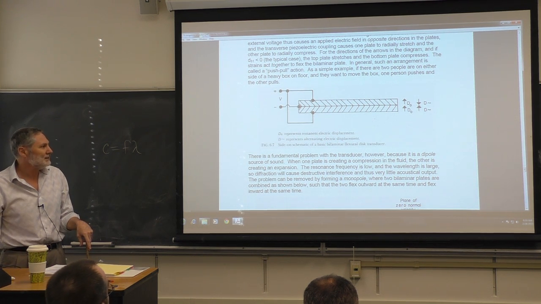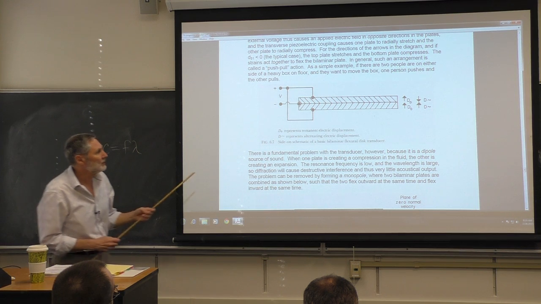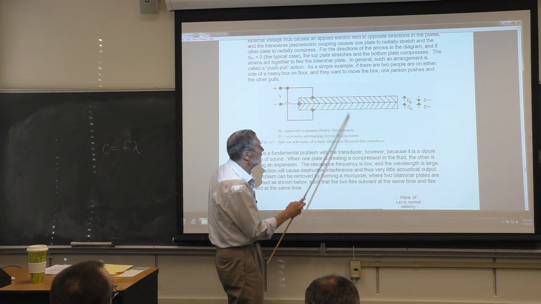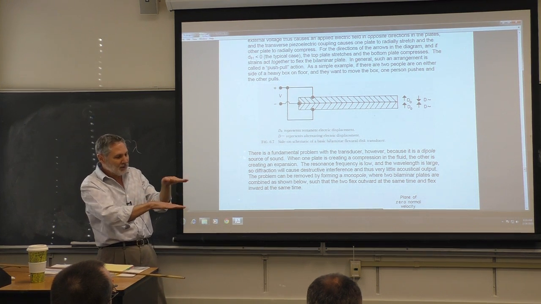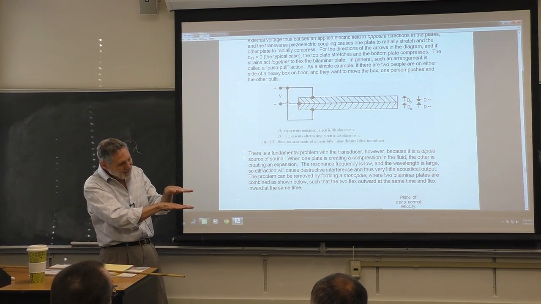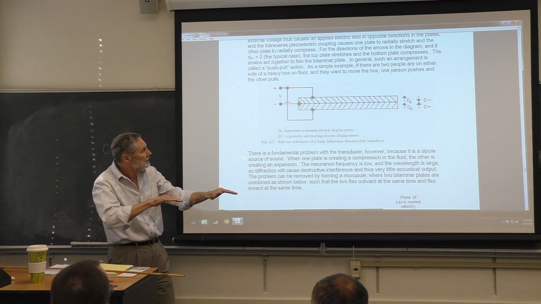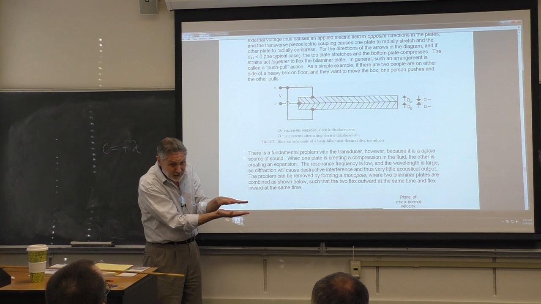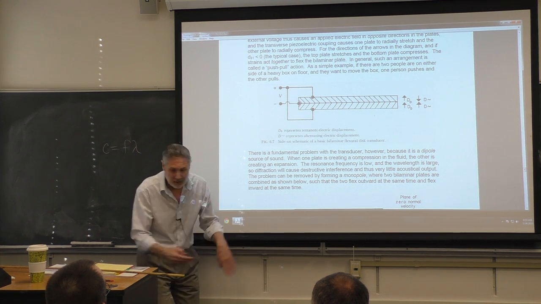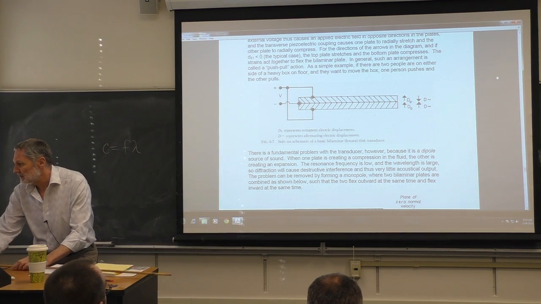Well, it's actually easy to do. You'd make or get another one. Okay, so now imagine that we have these two approximately identical ones. Now what I'm going to do is put one like this and apply the voltage, and then we've got a monopole.